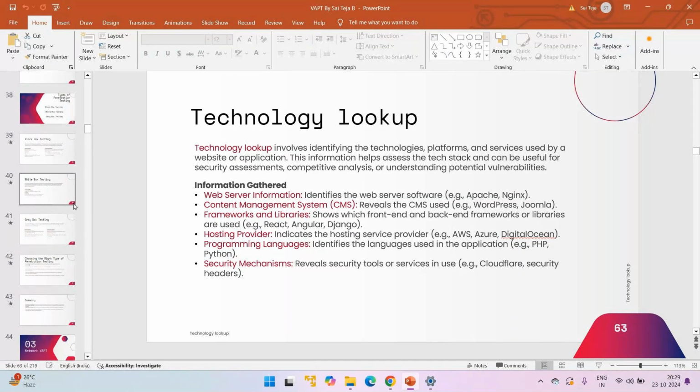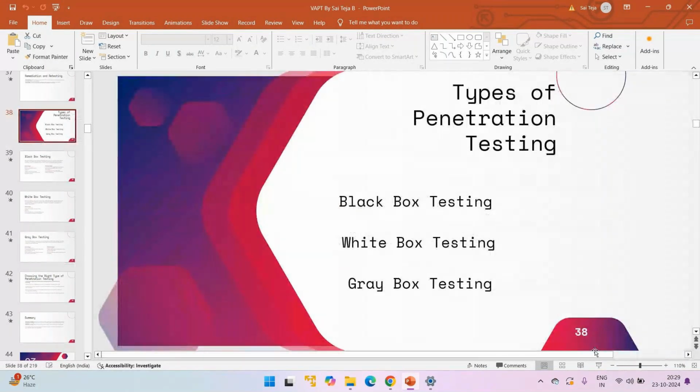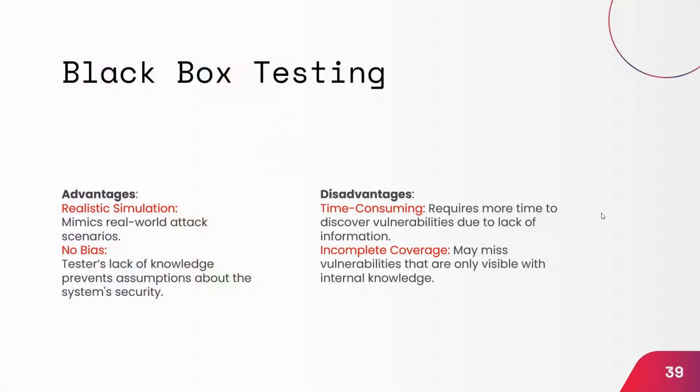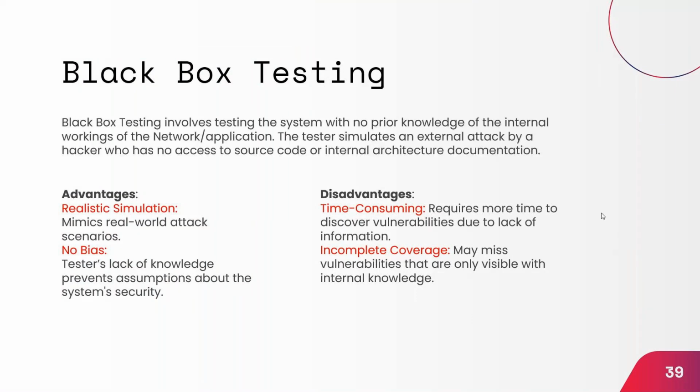Okay, now comes types of penetration testing. Okay, so we have three different types of penetration testing, which are black box pen testing, white box, and gray box pen testing. So what is black box pen testing? See, black box pen testing is like, assume that a real hacker, who is working for some organization, is attacking their systems or a network or an application as an outsider.